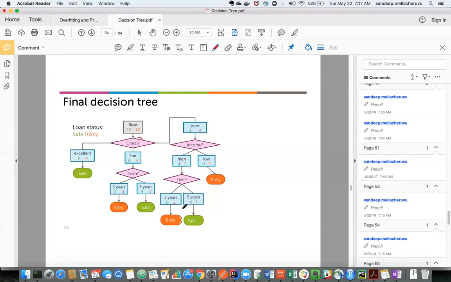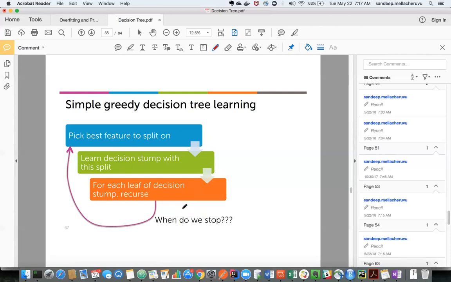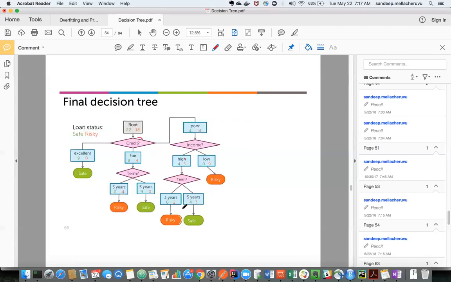Are you clear? What happens total end to end? Yes, Sandeep. Okay. So this is called greedy algorithm. Why is it greedy?